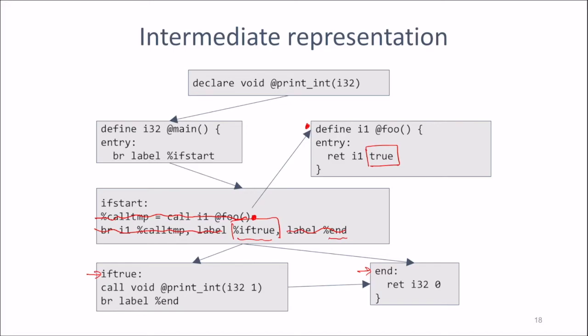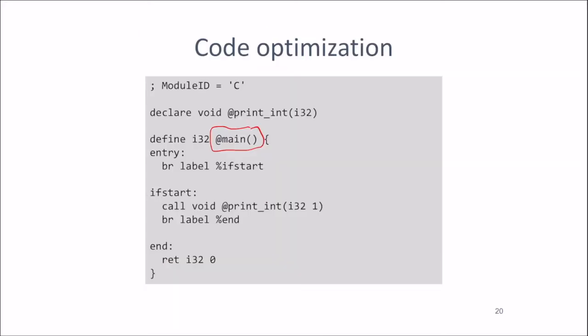And the only code I need to run is printing this number 1. And once I'm done with that, I return 0 from this function. So notice that I can eliminate a lot of this code in the optimization step, and I end up with this as the output.